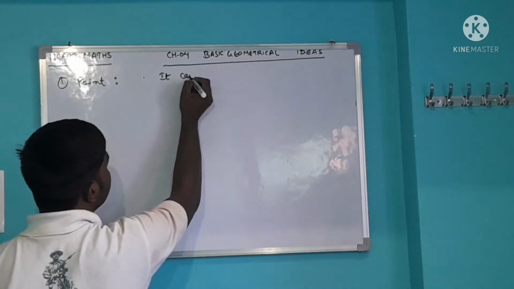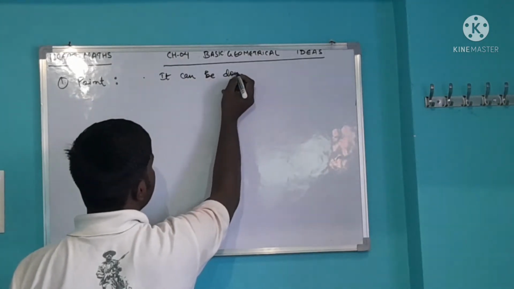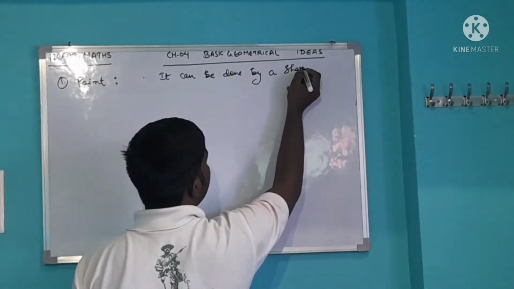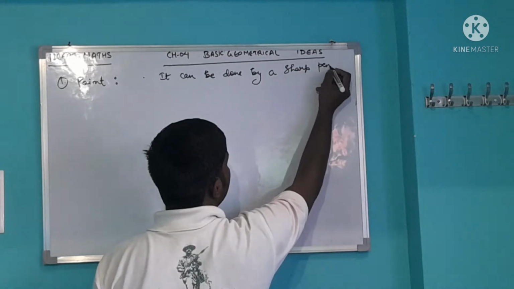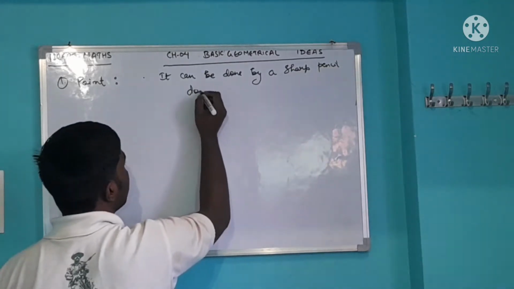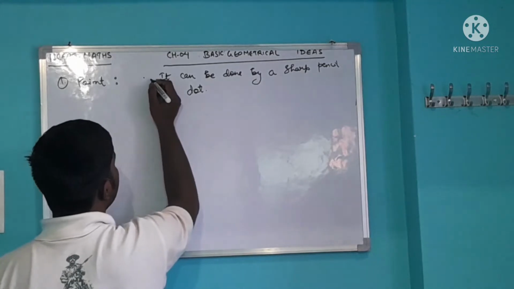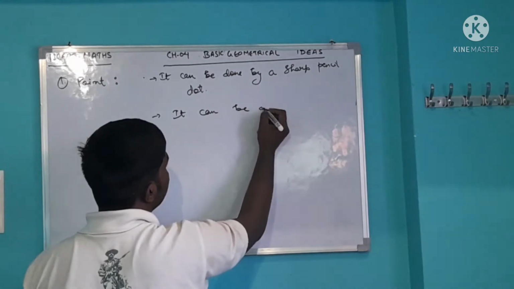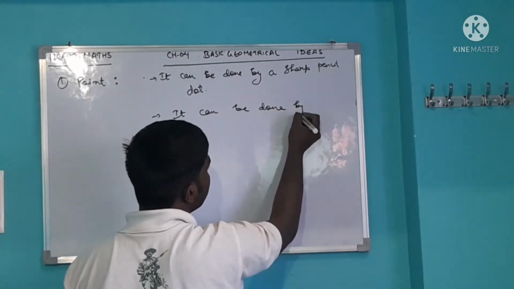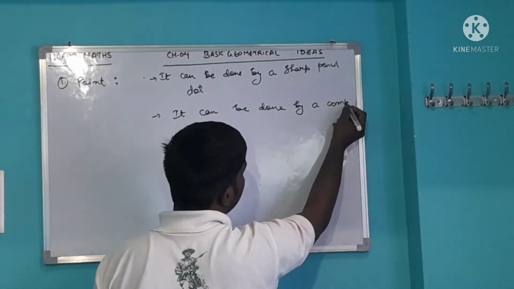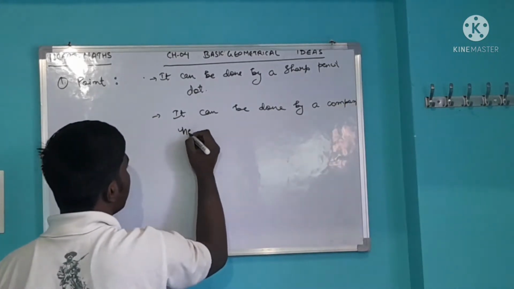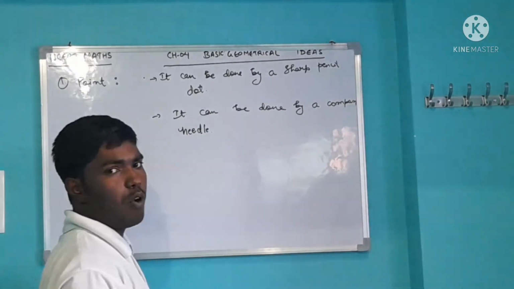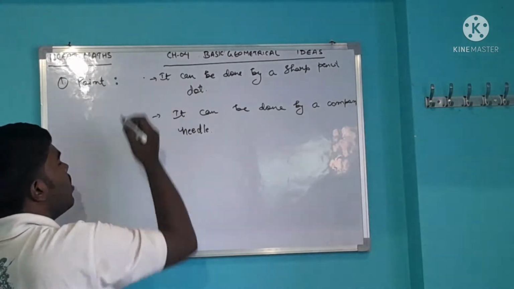It can be made by a sharp pencil dot, or it can also be done by a compass needle. So these are the two ways through which we mark a point. A point is represented by a dot.